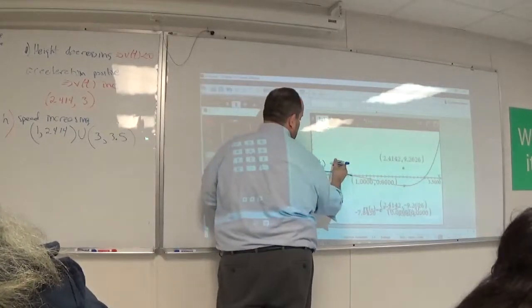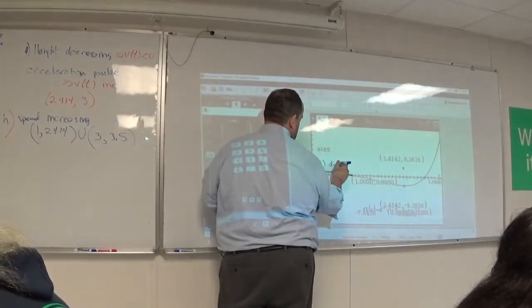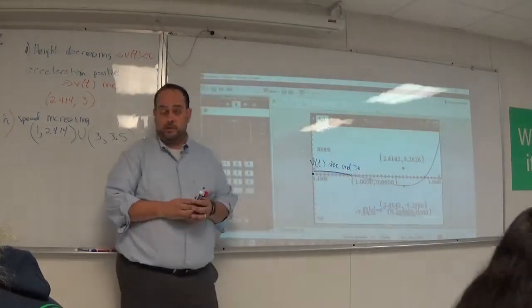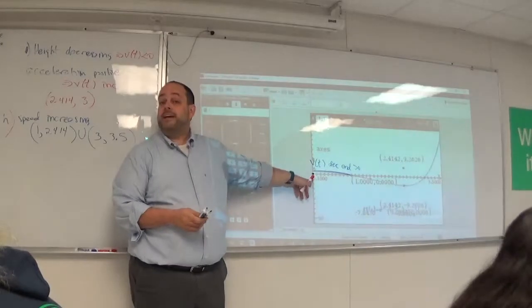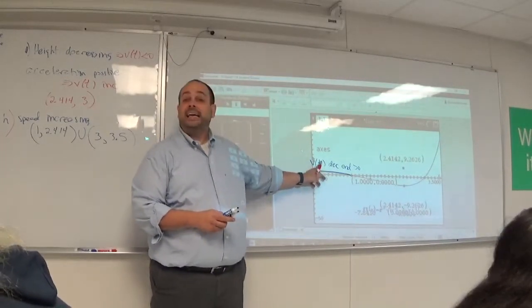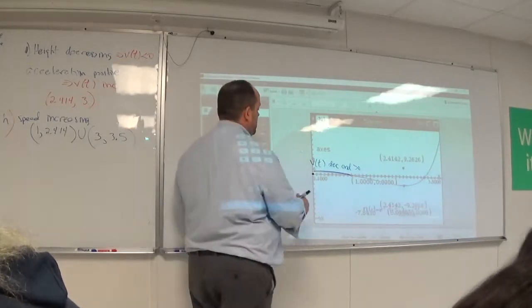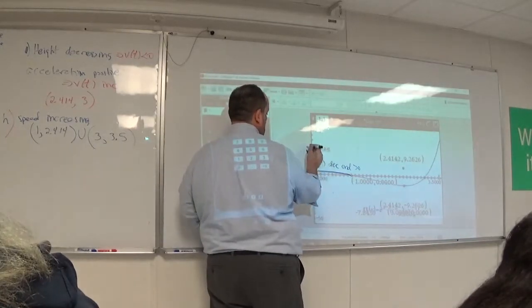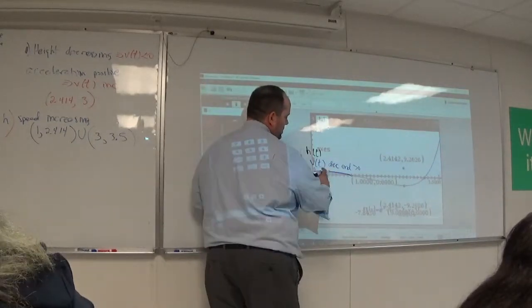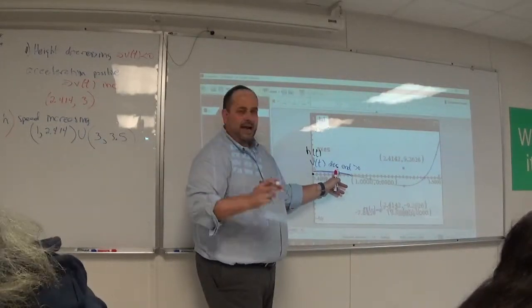I'm looking for stuff that is true about velocity and what that means about height. For example, the velocity is decreasing and positive. What's true about height? Height is the antiderivative. Henry, what's true? Not below the x-axis.